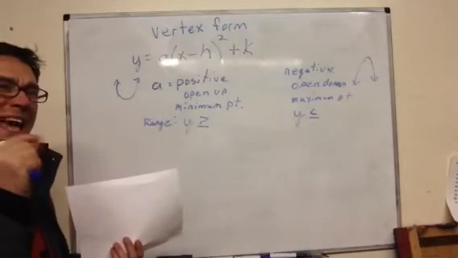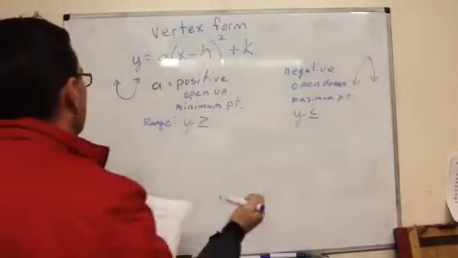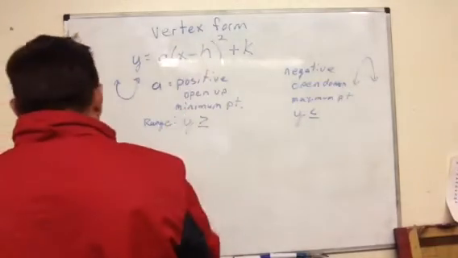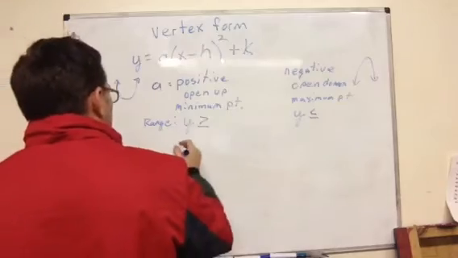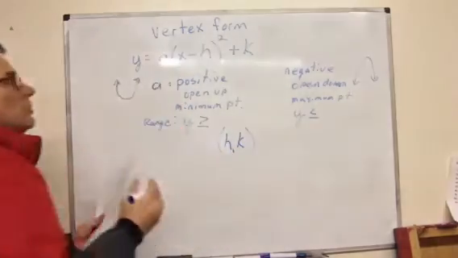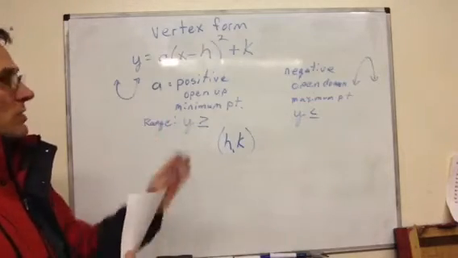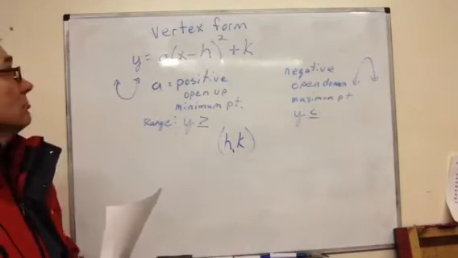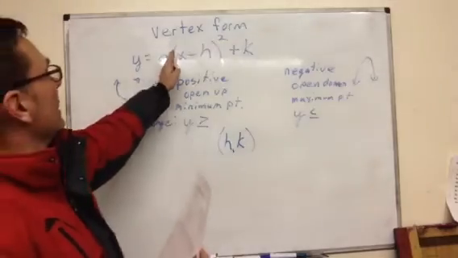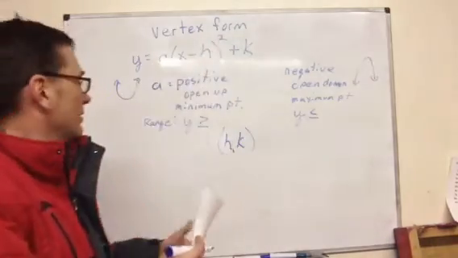Now remember, we didn't calculate one thing yet when we're looking at the vertex form. Our h and k value is the vertex. This should look very familiar to the equations for absolute value. The only difference here is that we have parentheses instead of the absolute value bars, and this is squared.